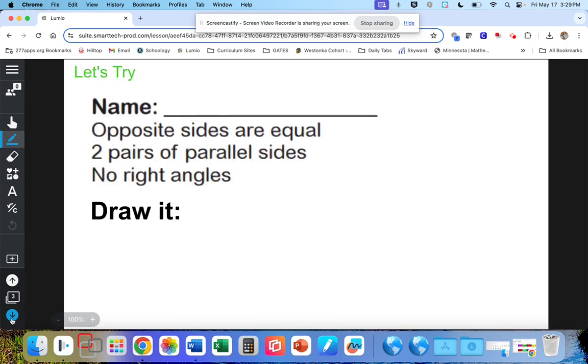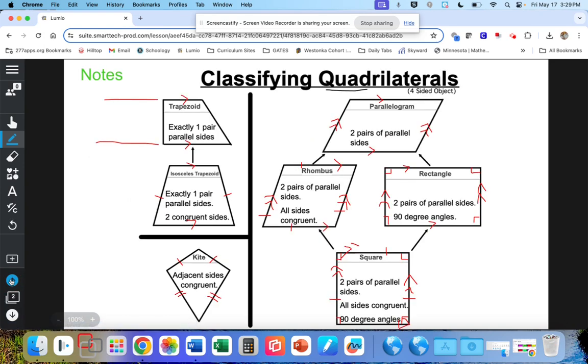Let's take a look at an example. If this says opposite sides are equal, two pairs of parallel sides. So if we look back at our chart, we know it has to fall in this parallelogram family. So the parallelogram family says that it has two pairs of parallel sides. So it's going to be one of these shapes we're drawing.